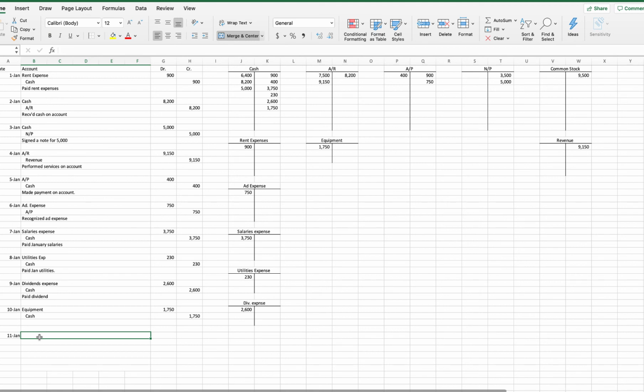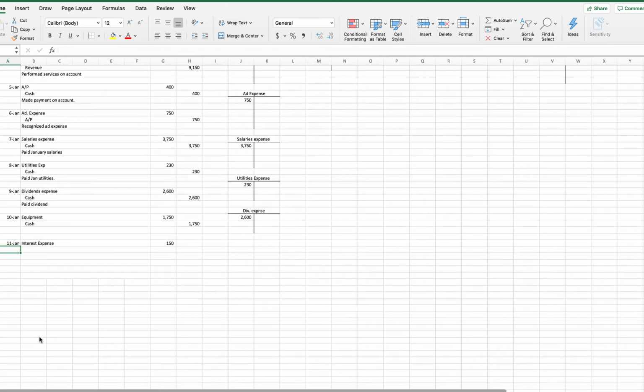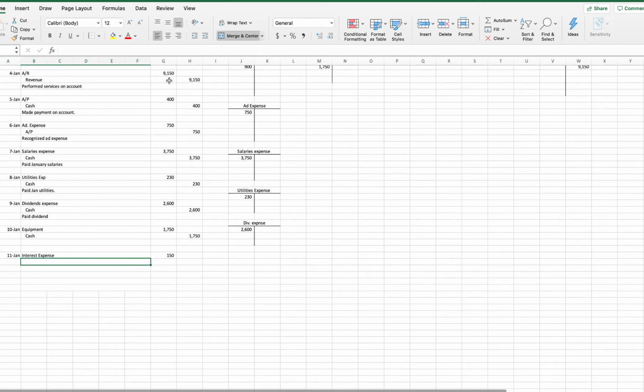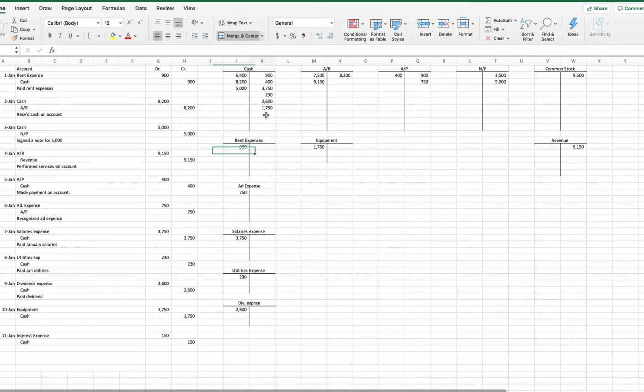So the first account I have is interest expense. Interest expense is an expense. How do I increase an expense? With a debit of $150. And I need to credit my cash for $150. I need to post these to the ledger.